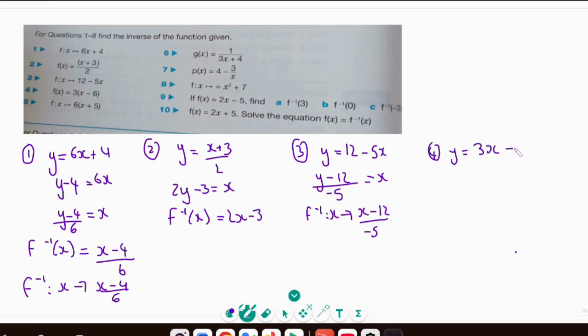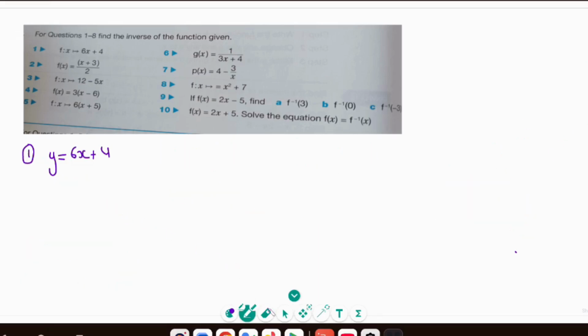Just going to expand the brackets when I put it equal to y. Question 5.